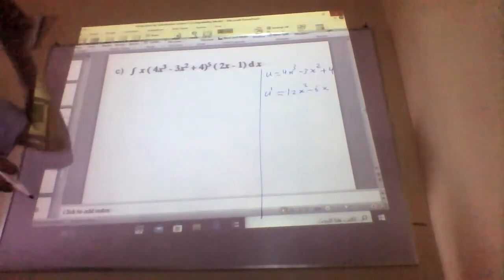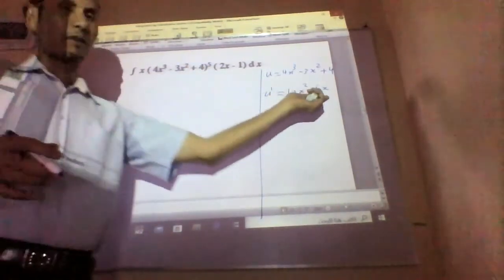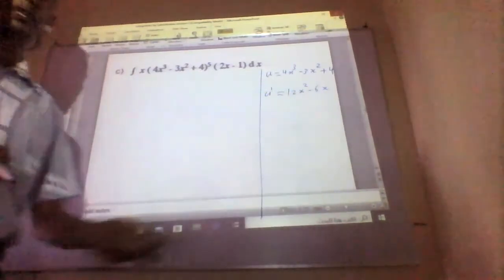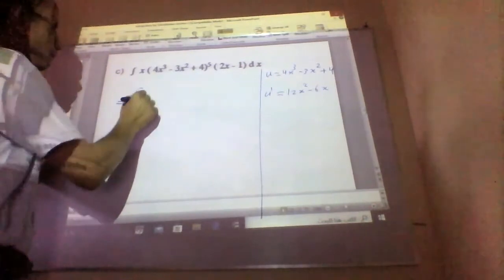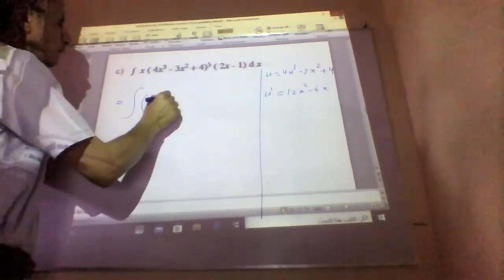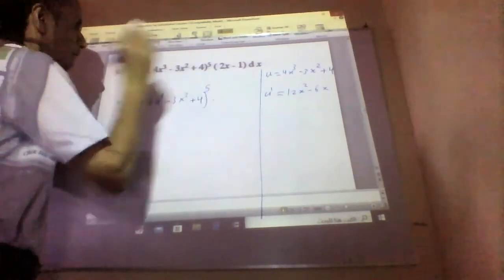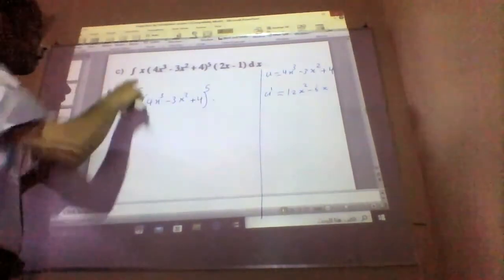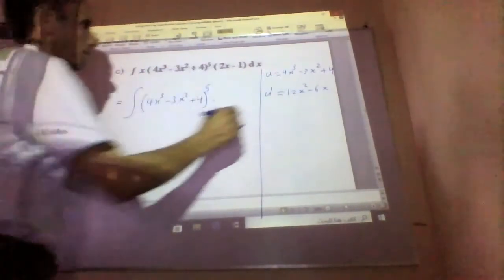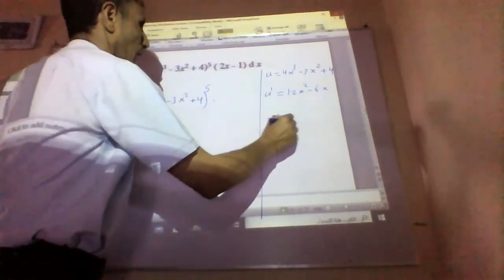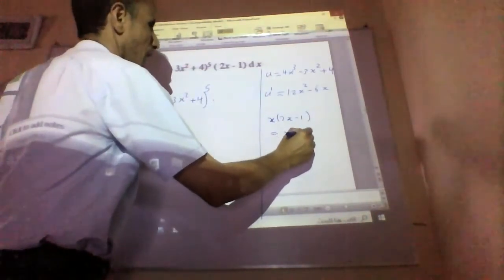Now we don't have this function, but we can find it like that. 4x power 3 minus 3x power 2 plus 4, all power 5, times x times 2x minus 1, which will be 2x power 2 minus x.